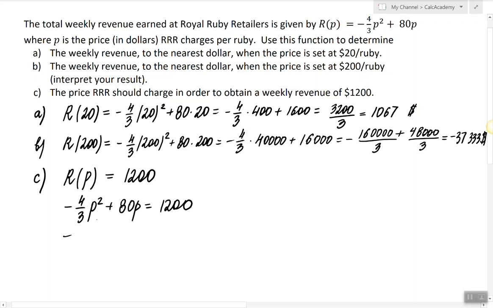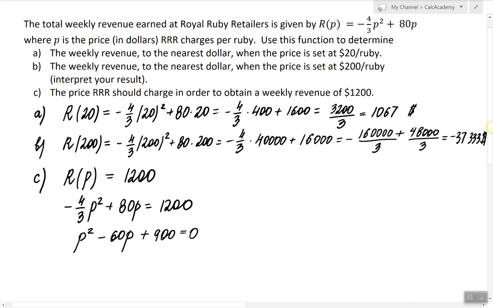So I'm going to multiply everything by negative 3/4. So we get p squared minus 60p plus 900.